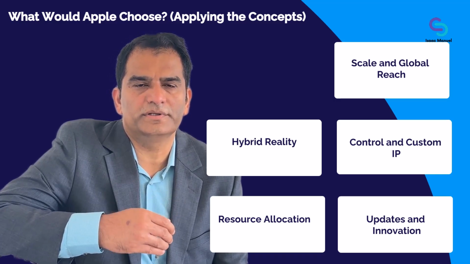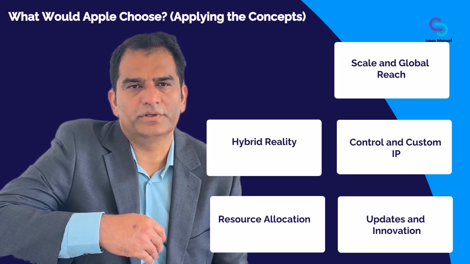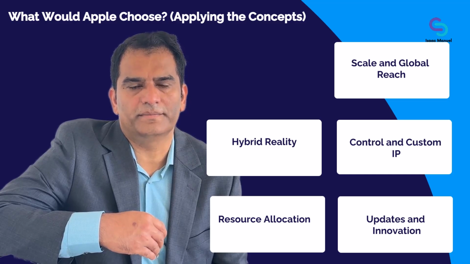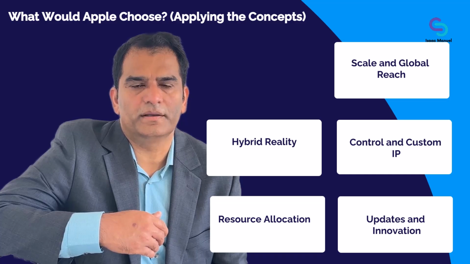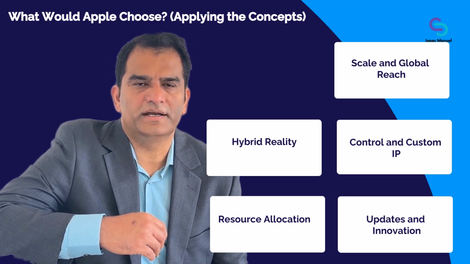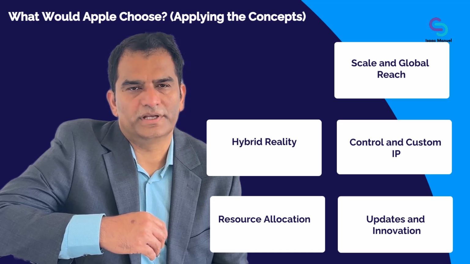SAP also offers a private cloud edition, which is kind of an in-between. It's hosted for you so you don't manage hardware, but it's a single tenant system that you can customize more, similar to on-prem. Apple could consider that if they want the best of both. SAP handles infrastructure, but Apple can still have some unique extensions.